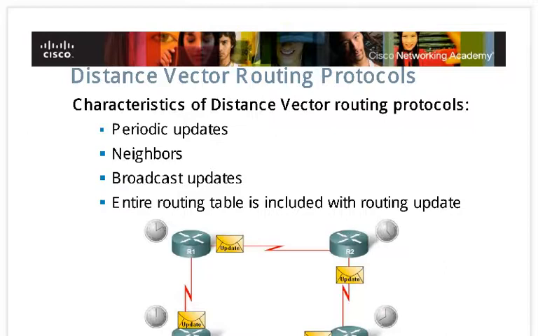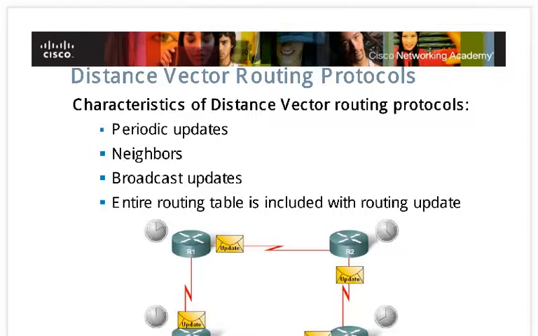The periodic updates facilitate the exchange of routing table information from one router to another. Based on that, the routers receive information and update the routing table accordingly, and then in the next round they pick all the information from the routing table and exchange it in a broadcast fashion. When they do, it reaches the neighbors.